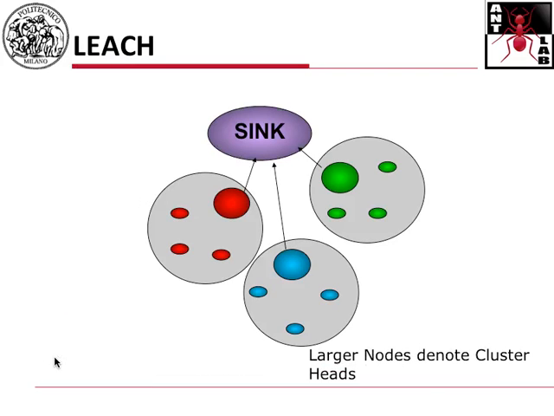So the final architecture is that I have my network, which is made of these colored bubbles here. And what LEACH does is choose one of these colored bubbles to be a cluster head, a bigger one, for example. These cluster heads manage the full traffic generated by the local cluster components.